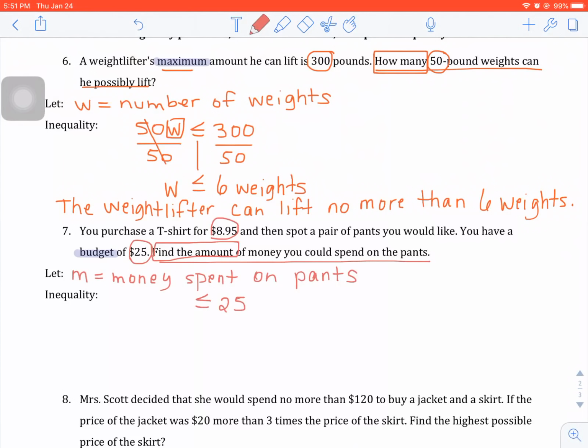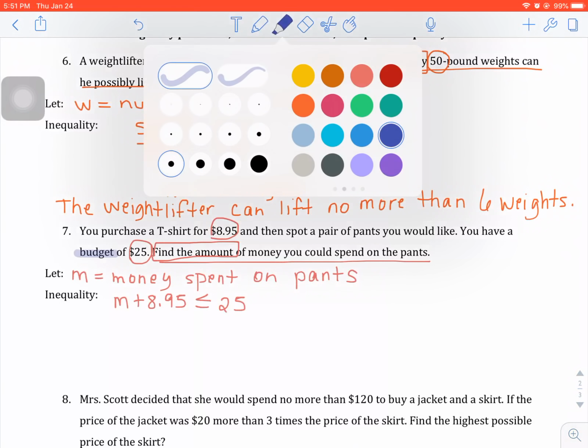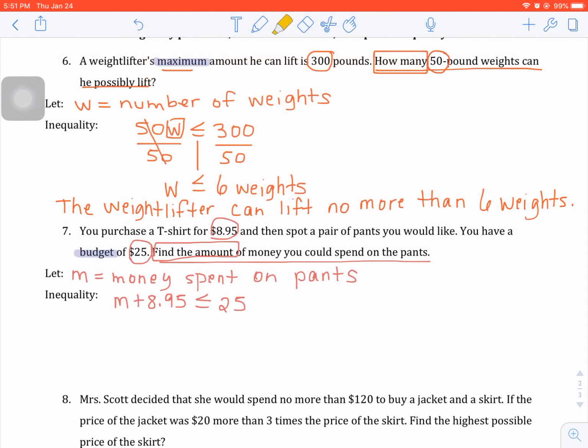And M is representing the money spent on pants. So I'm going to say M plus 8.95 is less than or equal to 25, because when I add the money I spend on the pants and the $8.95 I spent on the t-shirt, that cannot be more than $25 because that's the max amount of money I have to spend.